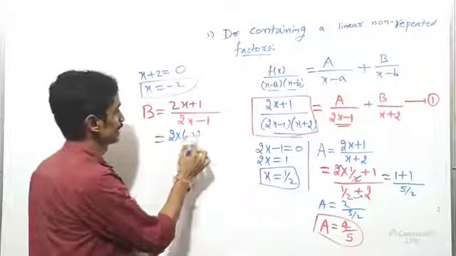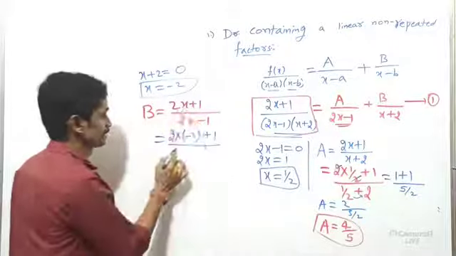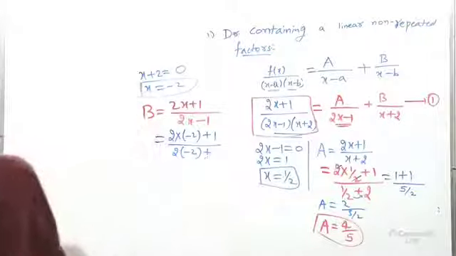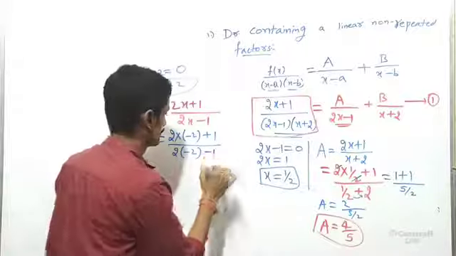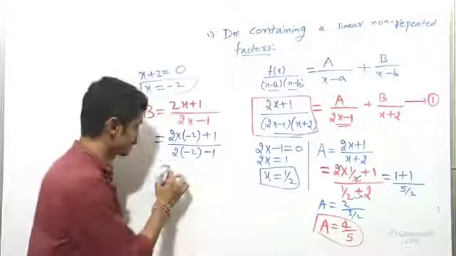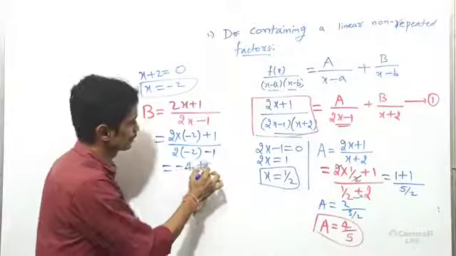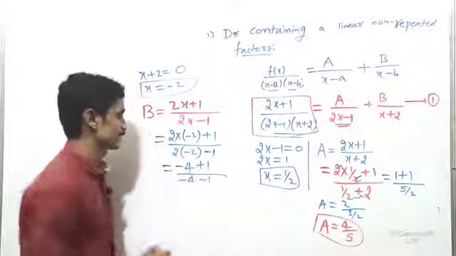That is minus 2, plus 1 divided by, here, 2 into minus 2 minus 1. It is 2 into minus 2, this is minus 1. Okay. After this, 2 into minus 2 is minus 4, plus 1, divided by minus 4 minus 1.